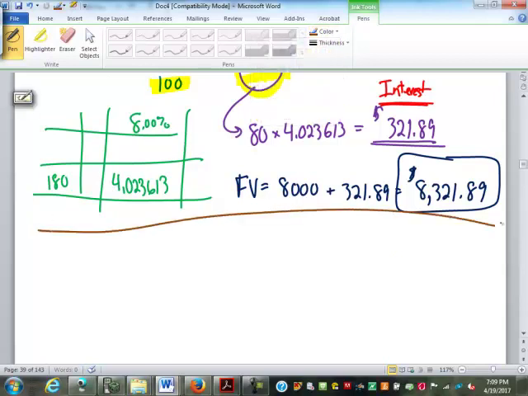Can we do this with the formula? Well, geez, I'm glad you asked, because yes, we can. Okay, 8,000 times 1 plus 0.08 divided by 365 to the power of 180.